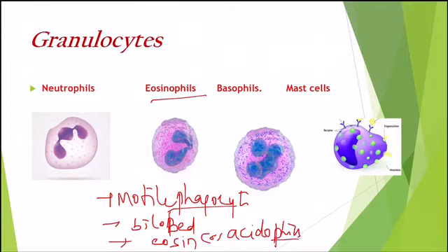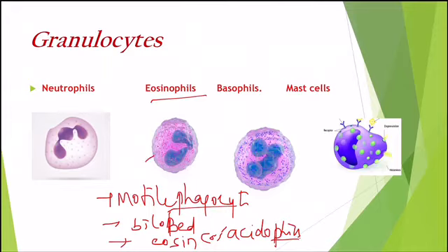Because the cytoplasmic granules have an affinity to acids, they are also called acidophilic. The cytoplasm is filled with many granules, approximately 200 granules, which contain enzymes and proteins.